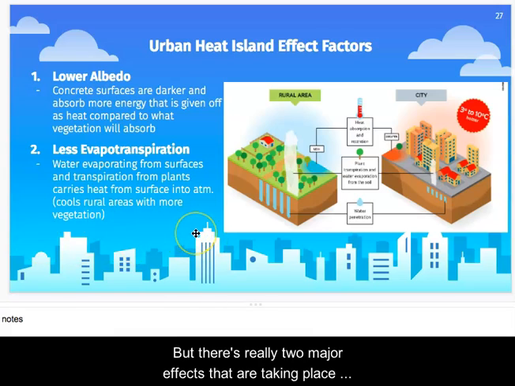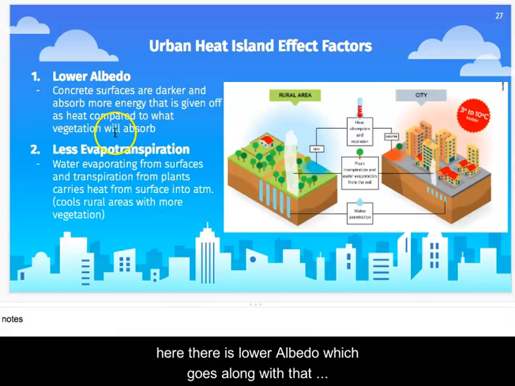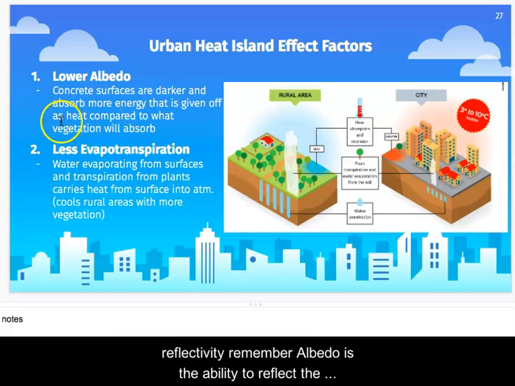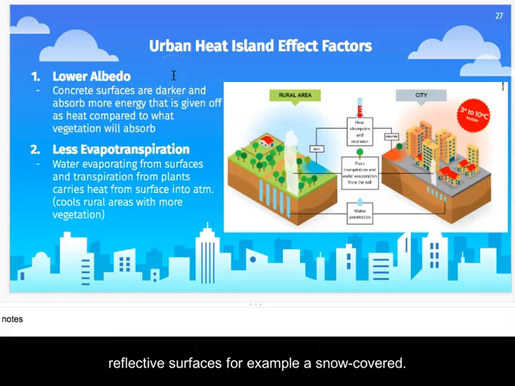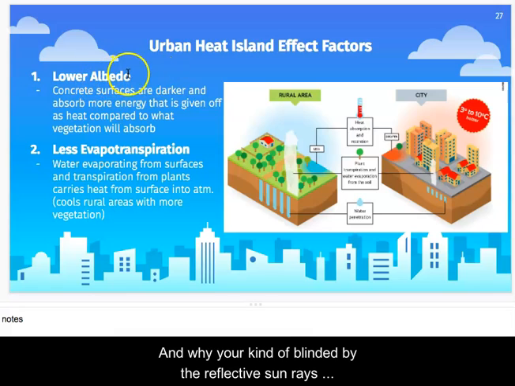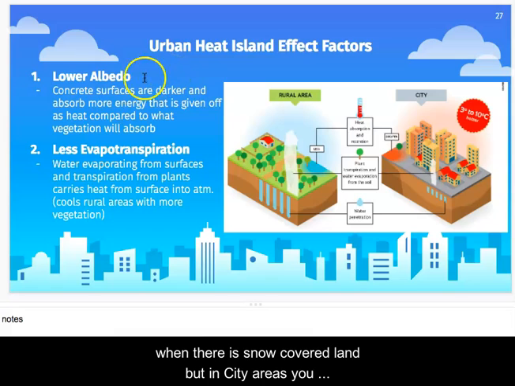But there are really two major effects taking place here. There is lower albedo, which goes along with that reflectivity. Remember, albedo is the ability to reflect the sun's rays. If you have high albedo, you have highly reflective surfaces. For example, a snow-covered area has high albedo, which is why it helps keep everything colder when it's cold, and why you're blinded by the reflective sun rays when there is snow-covered land.